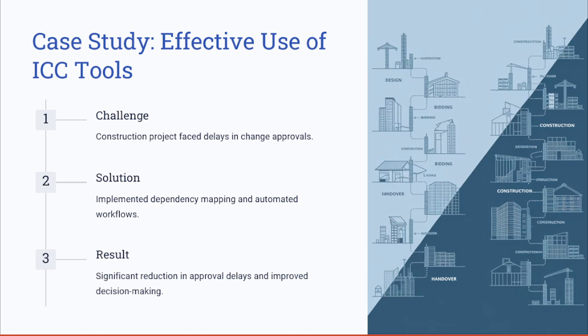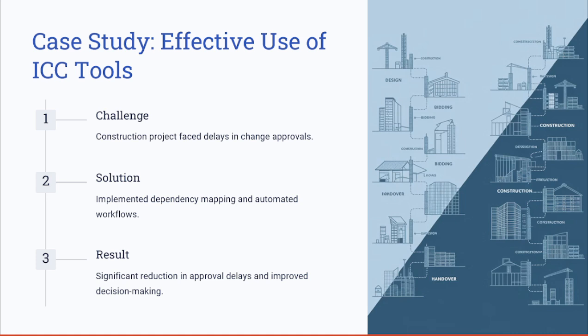Let's look at one of these case studies where there's an effective use of the integrated change control tools. A case study on the effective use of the ICC tools will illustrate the real world impact. For example, here we have a construction project which leveraged dependency mapping and automated approval workflows to streamline the change management.